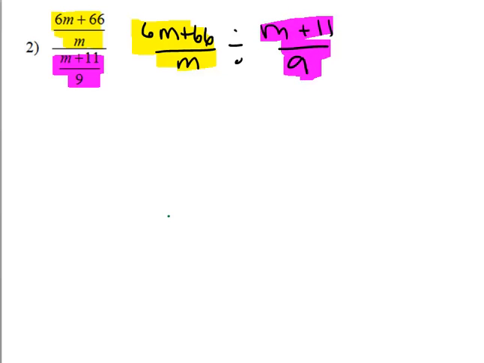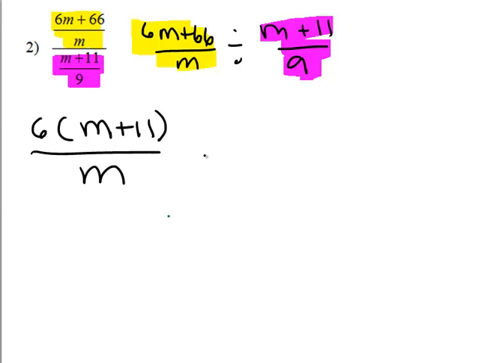I can stay, change, flip, multiply by the reciprocal. And while I'm at it, I'm also going to factor out the 6 here. So I have 6 times m plus 11 over m times 9 over m plus 11.